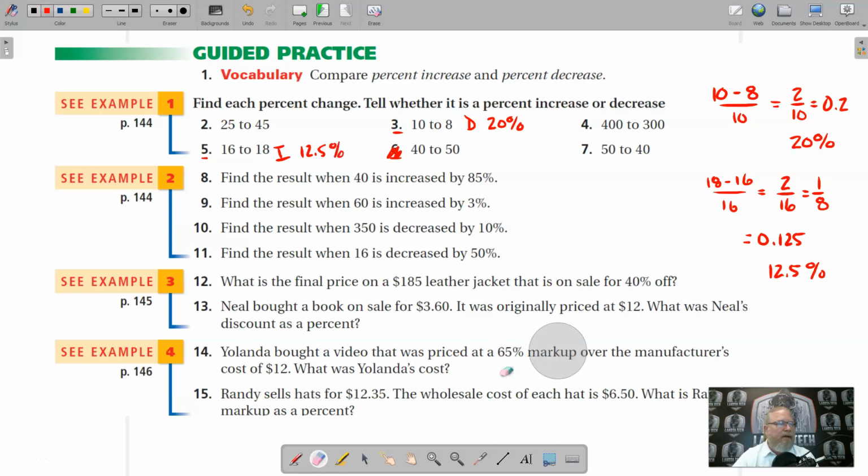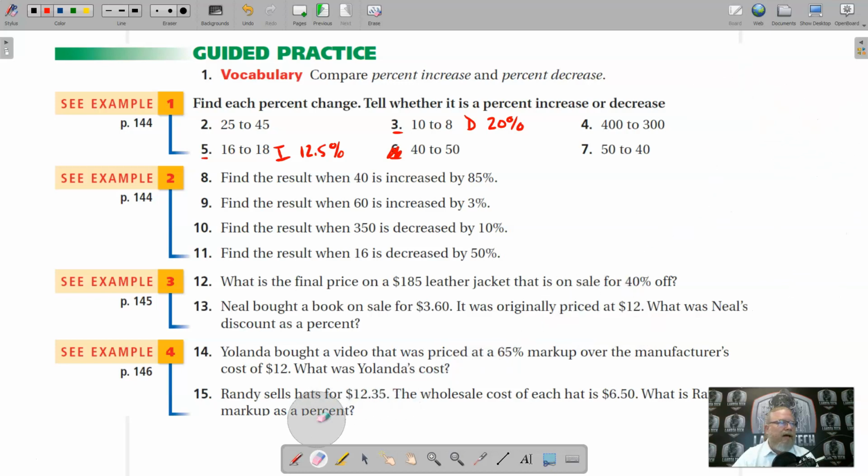Okay. Let me go ahead and erase this here, give myself some writing room so we can calculate some more. Find the result when 40 is increased by 85%. In this case, we could use what is known as a percent equation.